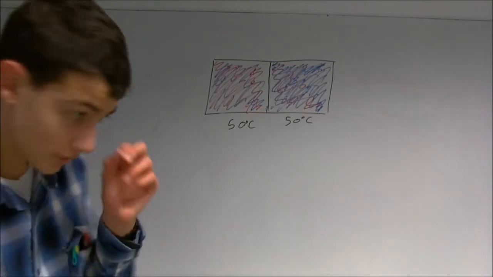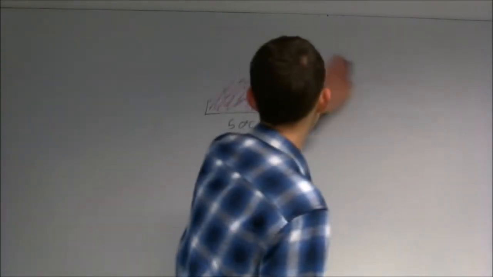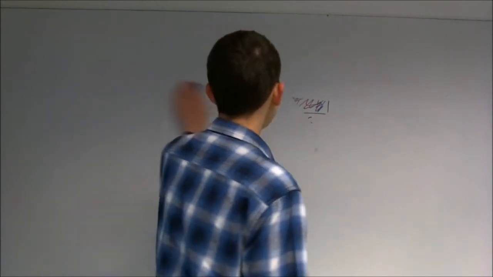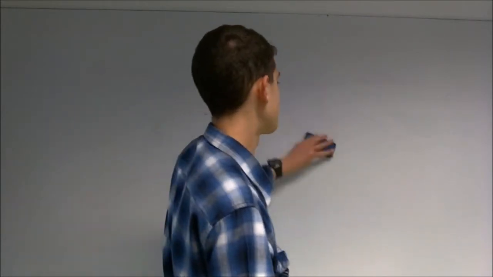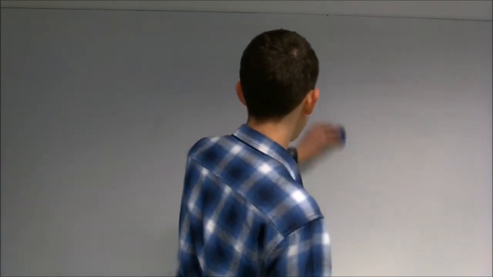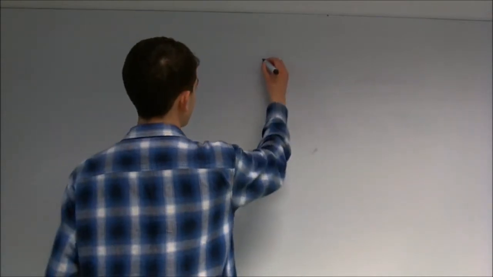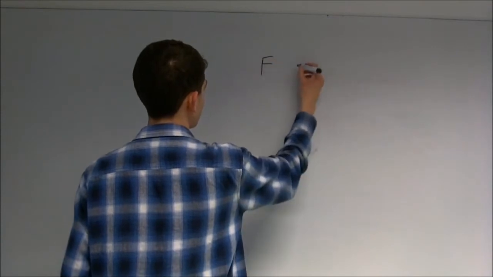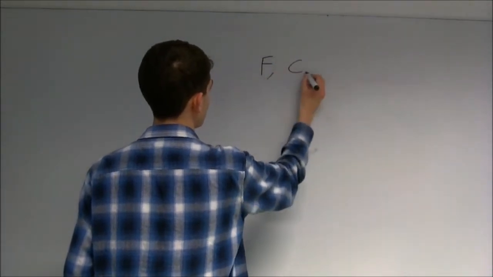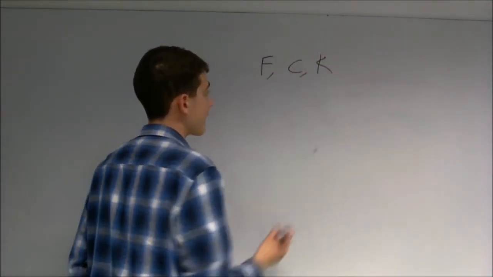Kelvin and Celsius scales of temperature. Why is Kelvin so much better than Celsius? Because Kelvin is an absolute scale. There are three main types of temperature units: Fahrenheit, Celsius, and Kelvin.